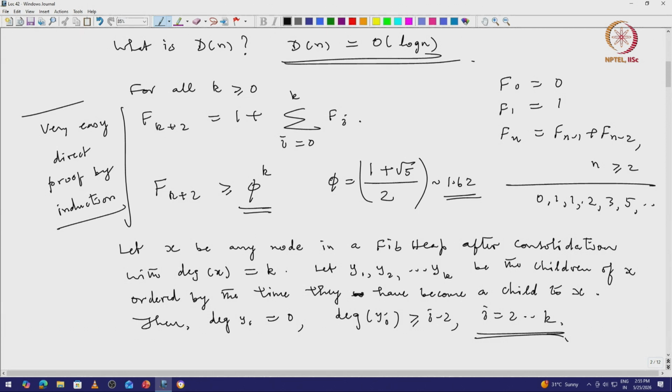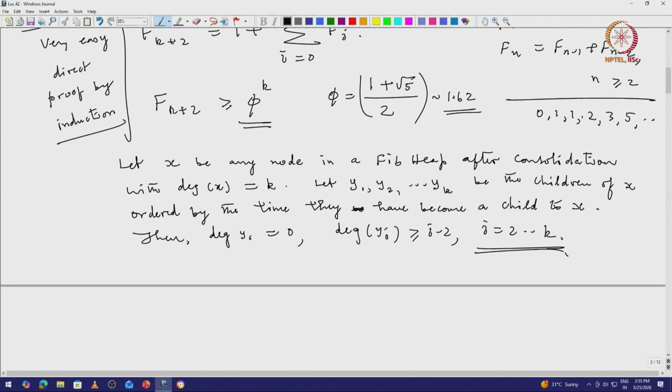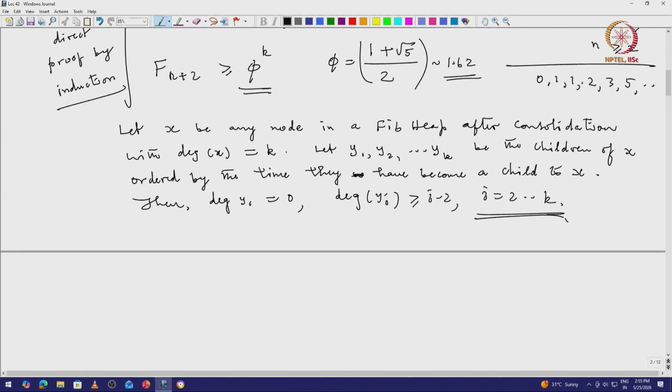Degree of yi is greater than or equal to i minus 2. That means x consists of children that are of high degree. Each child has sufficient degree. We will see the consequence of this property.